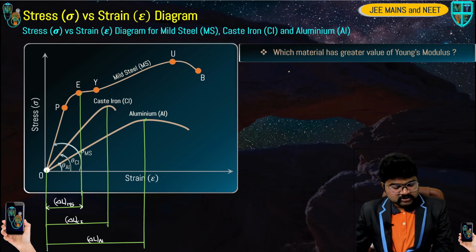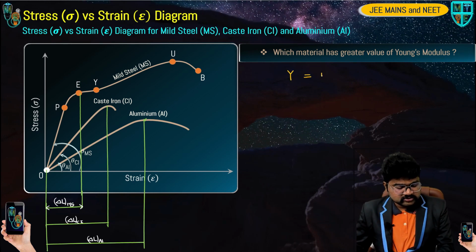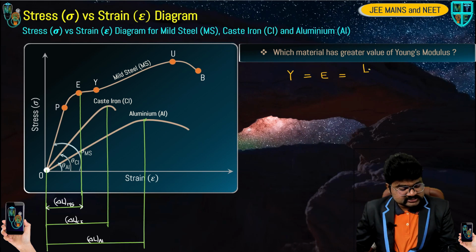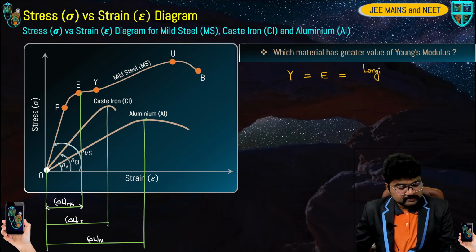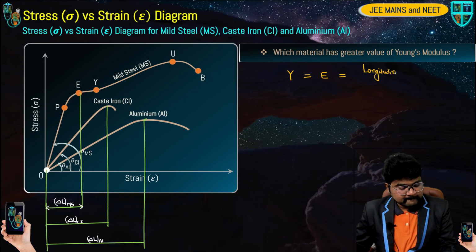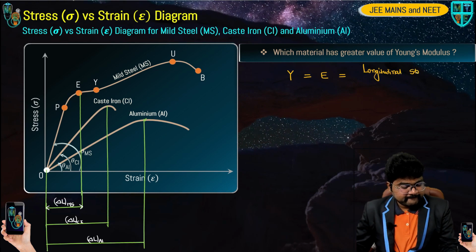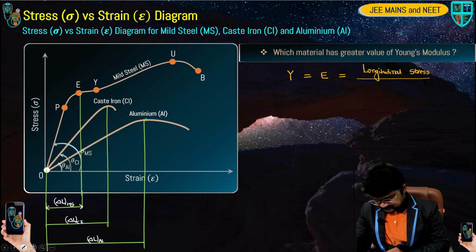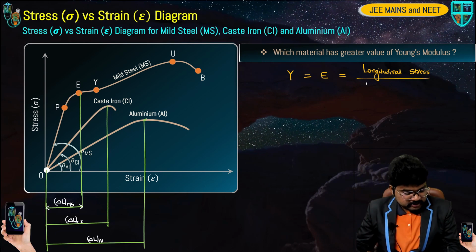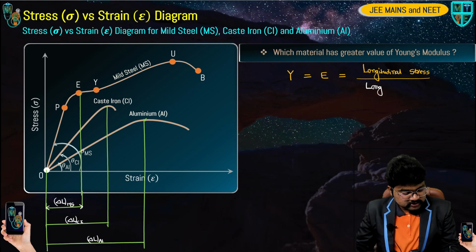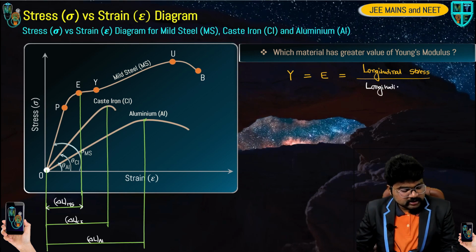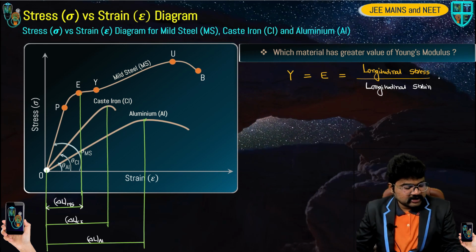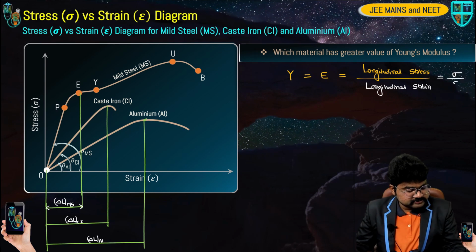So we know Young's modulus, E, from Hooke's law is longitudinal stress by longitudinal strain, sigma by epsilon.